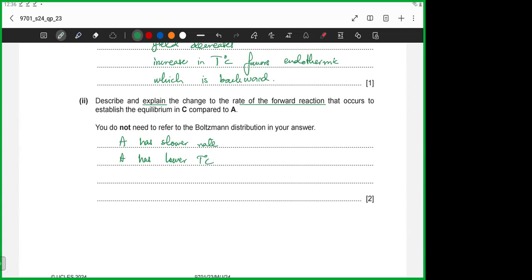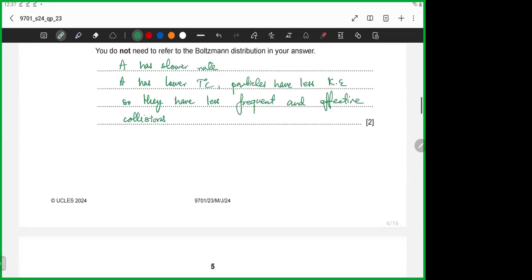The particles have less energy, right? Yes. So they have less frequent and effective collisions.